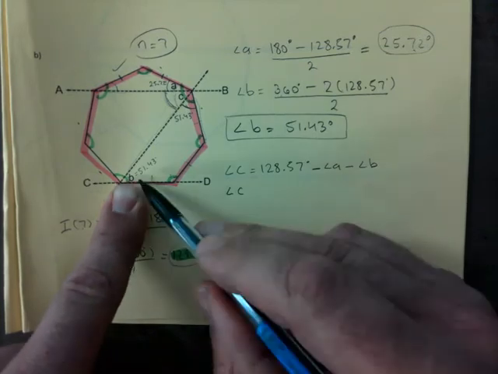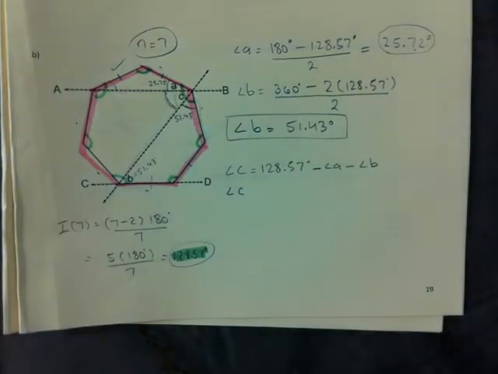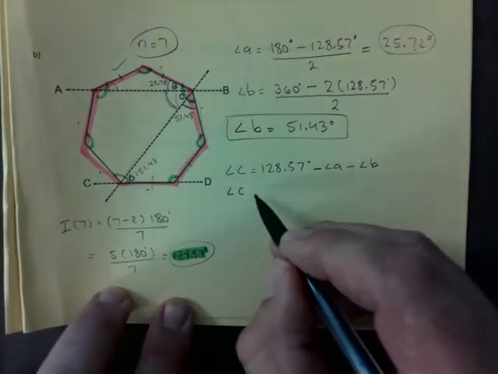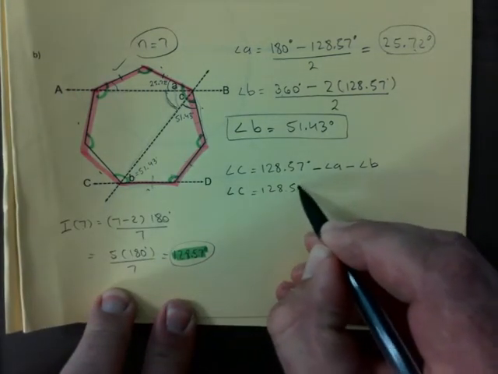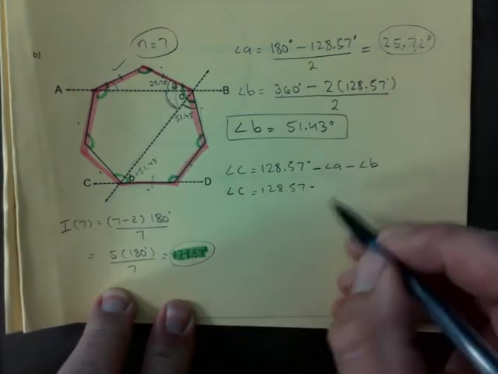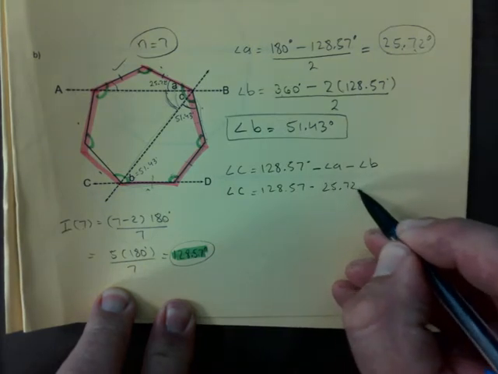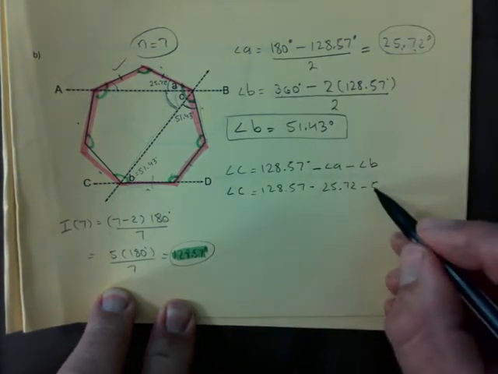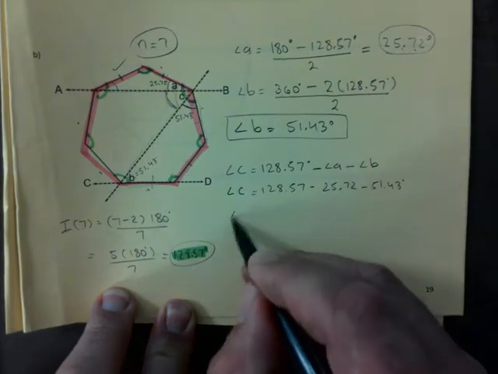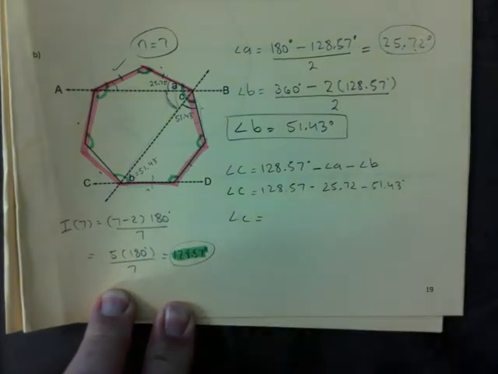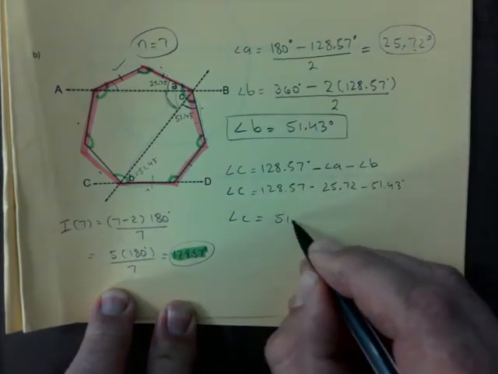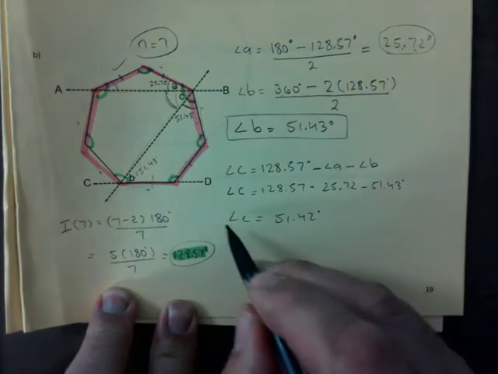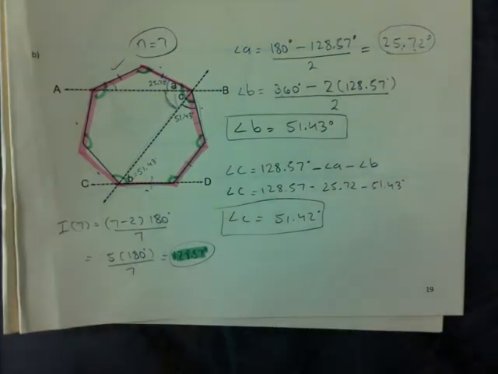I just don't want to put B and B because then you're going to be confused, right? But you should recognize that that's the same. 128.57 minus angle A, which is 25.72 minus 51.43. And angle C is 51.42.